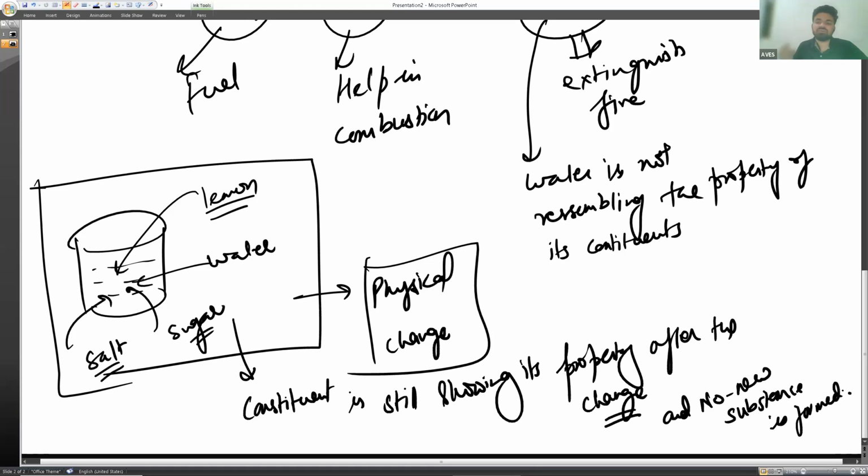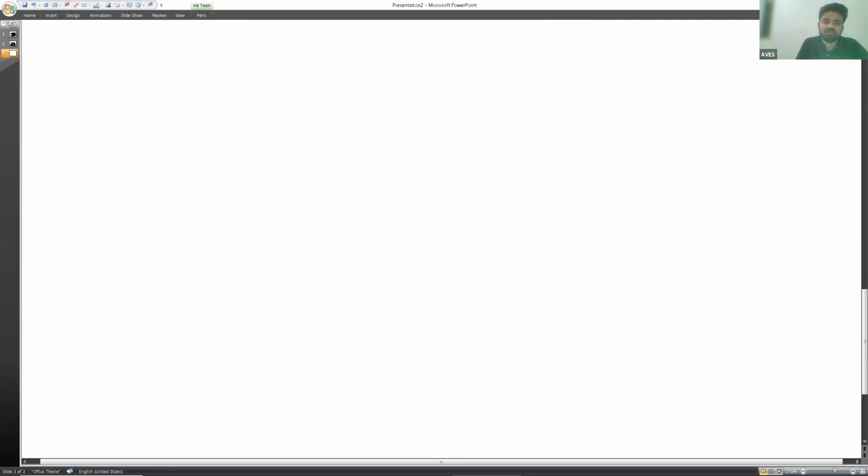So what is the definition of physical change? The change in which no new substance is formed is considered to be physical change. Okay, you understood? Yes, sir. Understood? Just a minute, let me take the question.